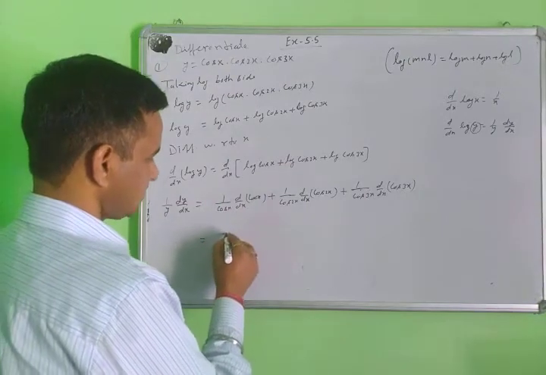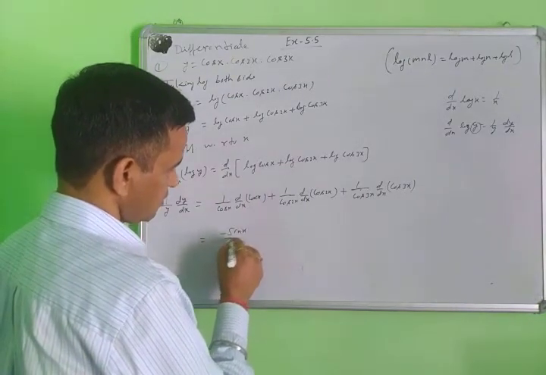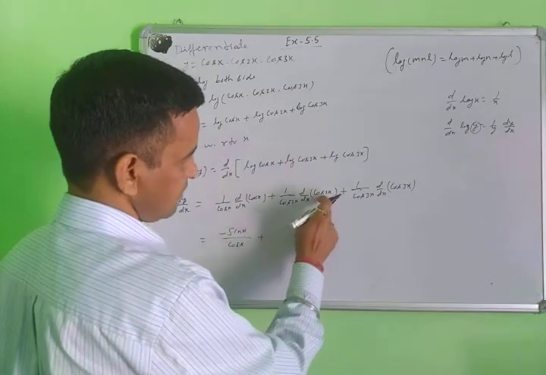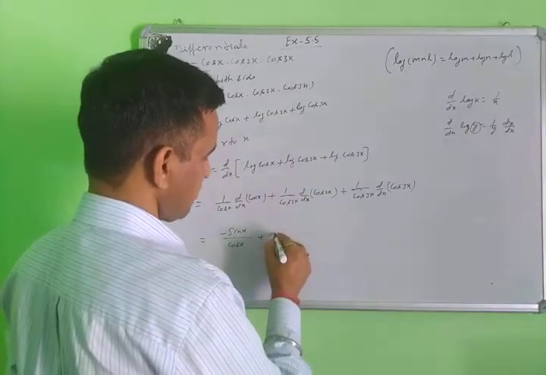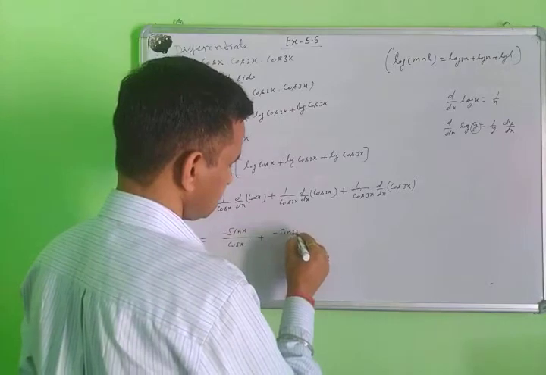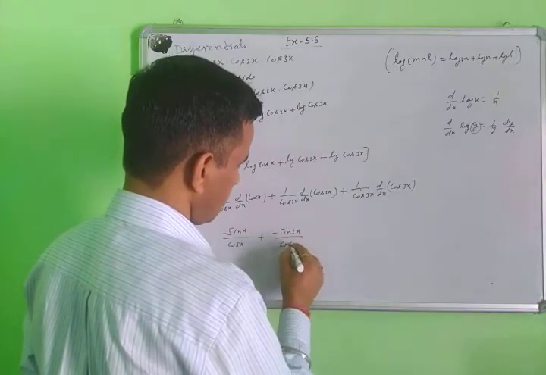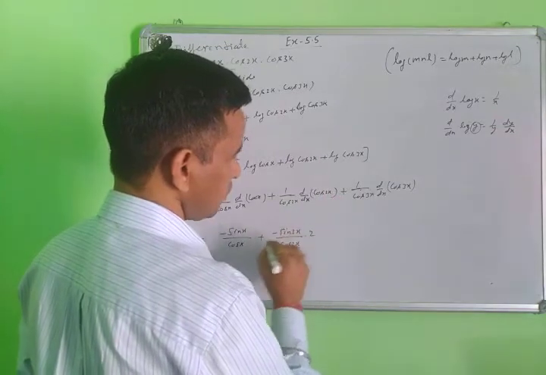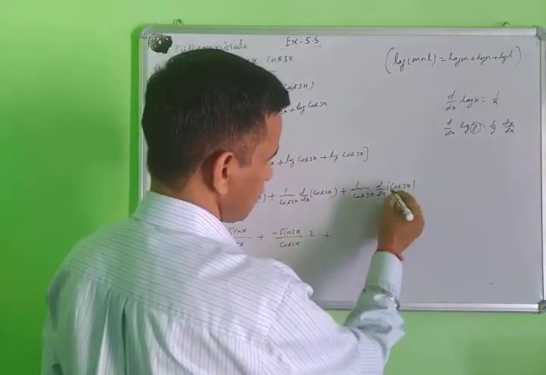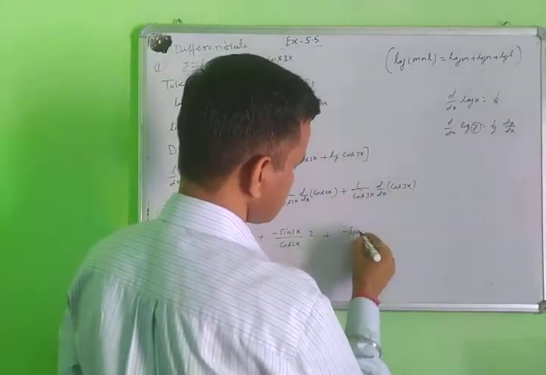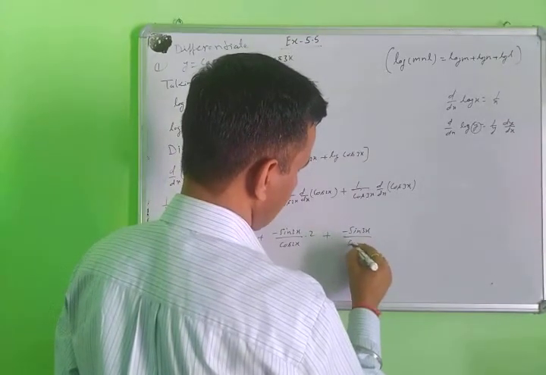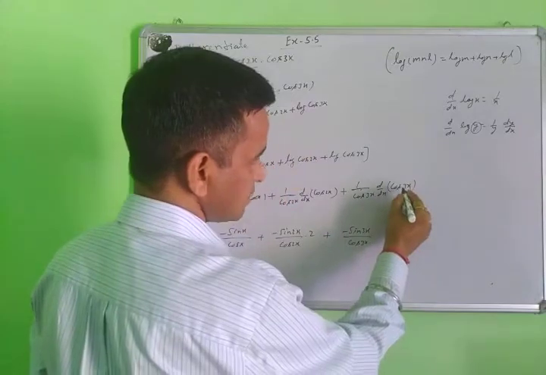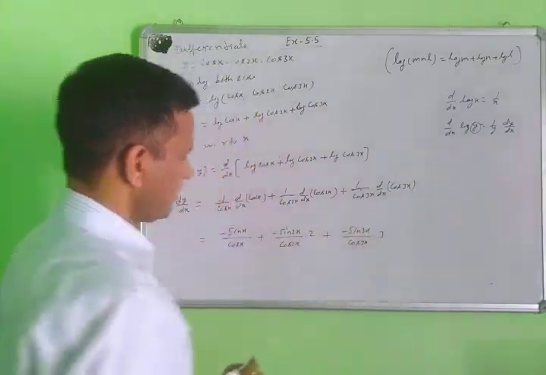Then we solve further. The derivative of cos x is minus sin x, over cos x. Similarly for cos 2x, minus sin 2x upon cos 2x, and again the derivative of 2x is 2. Plus for cos 3x, minus sin 3x upon cos 3x, and the derivative of 3x is 3.